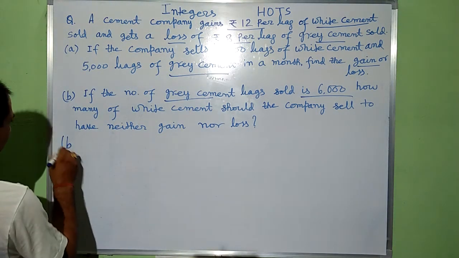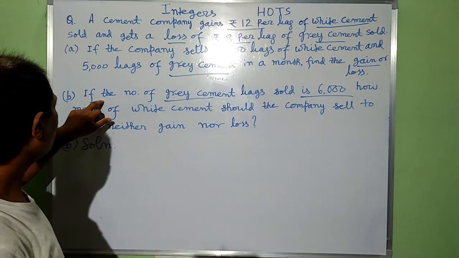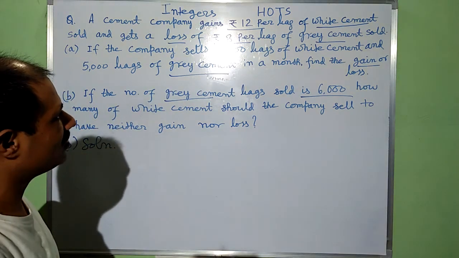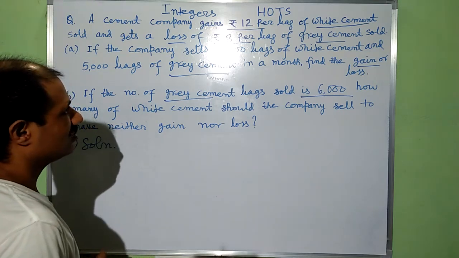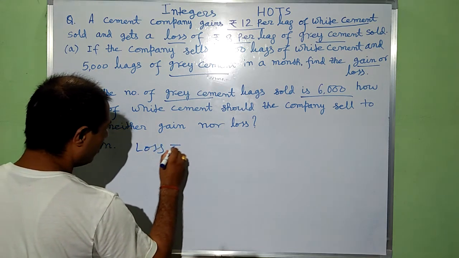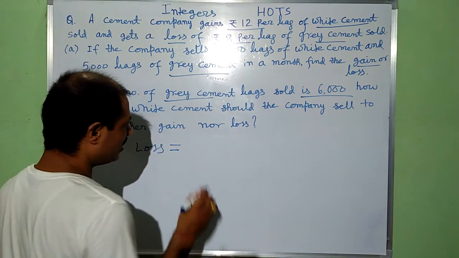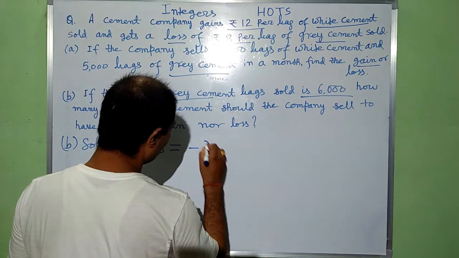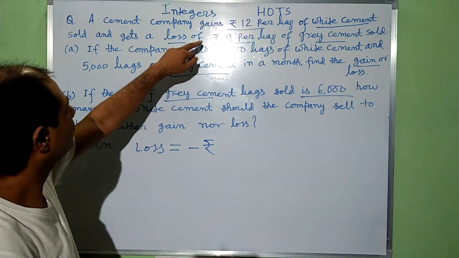B. Solution. If the number of grey cement bags sold is 6,000, and on a grey cement bag there is loss, so loss will be denoted by a minus symbol, minus rupees 8.